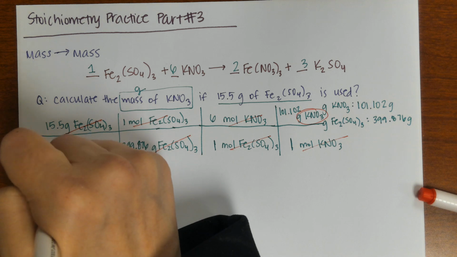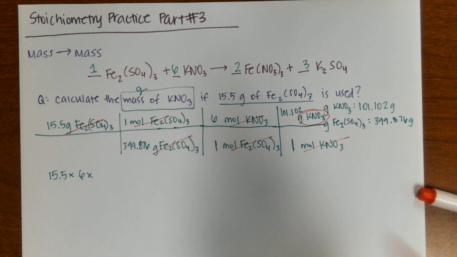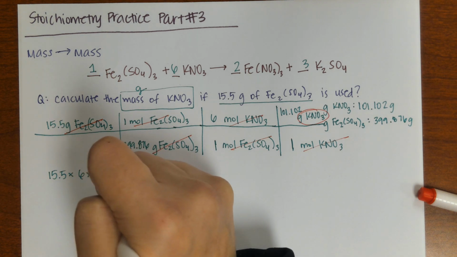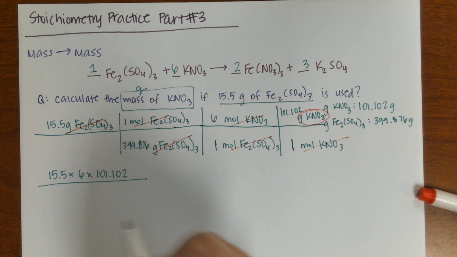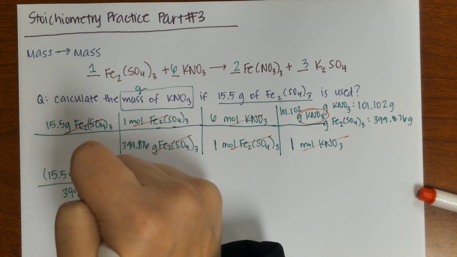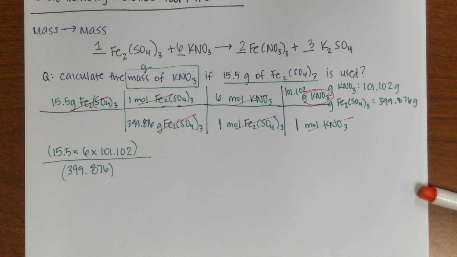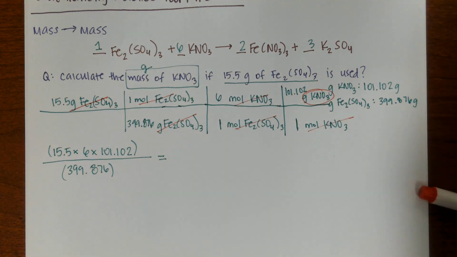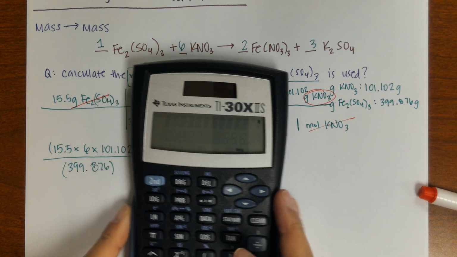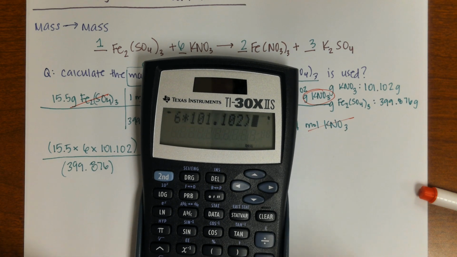Now we solve. As a reminder, we multiply across, so 15.5 times 6 times 101.102, divided by the bottom, 399.876. I like to put parentheses, especially if you're going to punch it into the calculator at once. On a basic calculator, open parentheses, 15.5 times 6 times 101.102, close parentheses, divided by, open parentheses, 399.876.